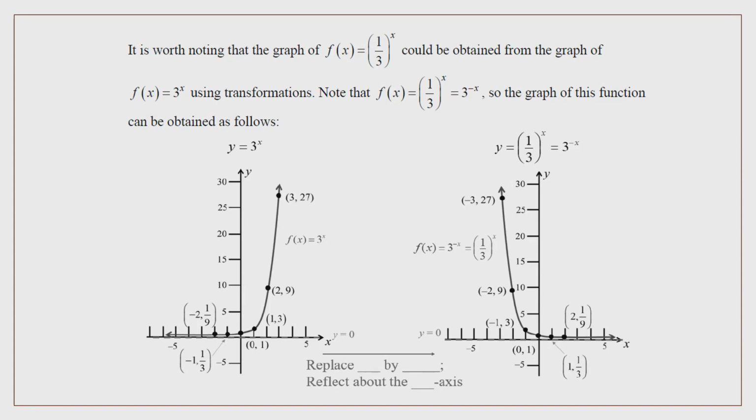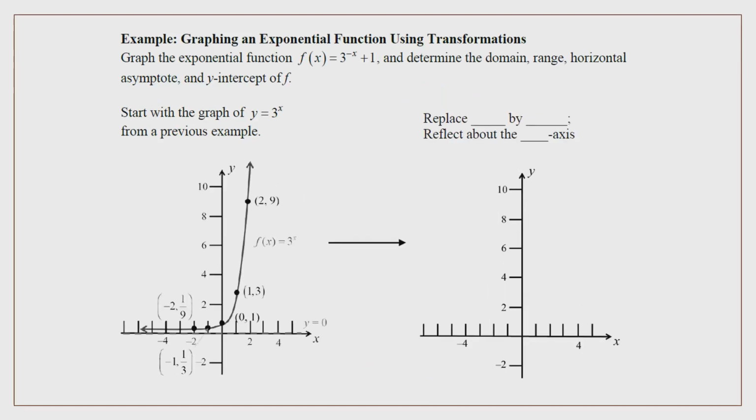In our first visual here, we have the graph y equals 3 to the power x. But if we replace x by negative x, then we are reflecting about the y-axis. So we reflect over the y-axis, which then gives us the graph 1/3 to the power x. Okay, so we use transformations to get between the two graphs.